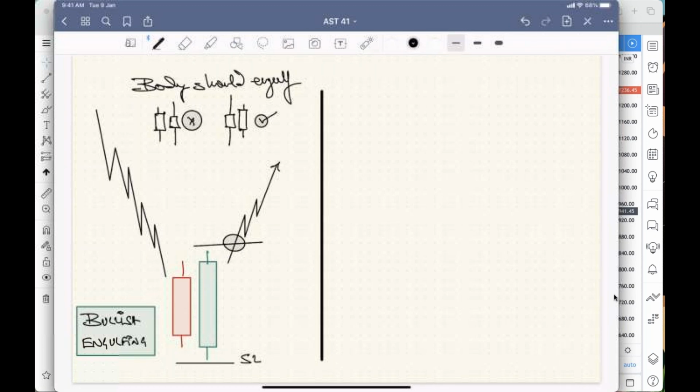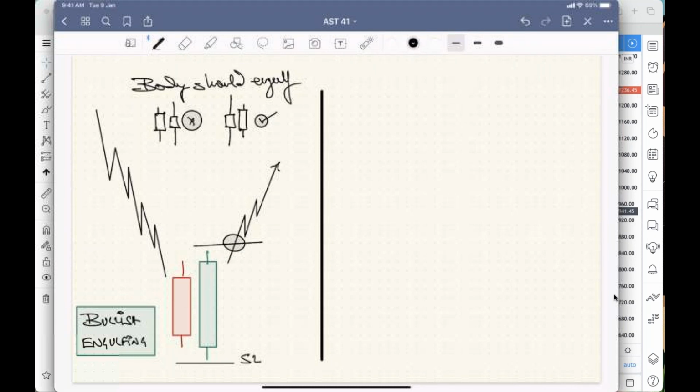You will not consider the shadows. You will only look at the bodies. So the body of the second day should completely engulf, cover the body of the previous day. That's called engulfing pattern. The bullish engulfing forms after a downtrend.